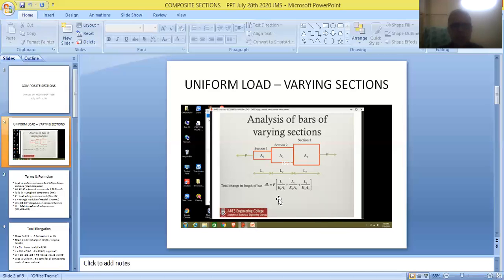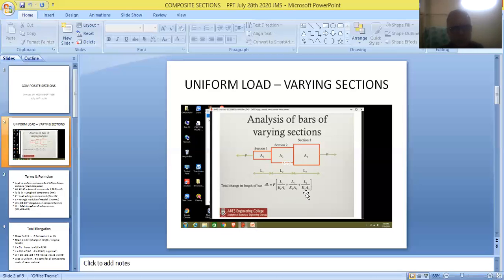Now friends, here it is given as E1, E2, E3. That means Young's modulus will be different for different materials. For steel, it has one value. For cast iron, it has another value. But let us assume that all these components are made of the same material, then E1 will be equivalent to E2, and that will be equivalent to E3.